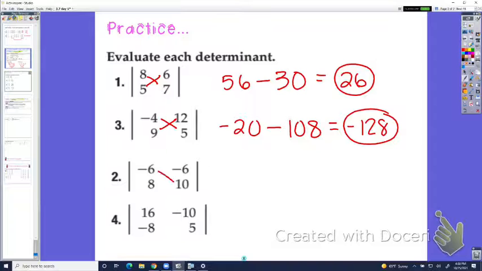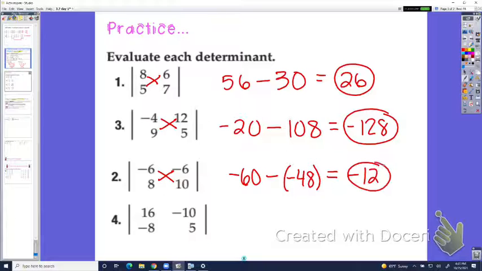One underneath, negative 6 times 10 is a negative 60, minus 8 times negative 6, which is a negative 48, which technically changes to negative 60 plus 48, and that is a negative 12. And finally, the last one here, 16 times 5 is 80, minus negative 8 times negative 10 is a positive 80, so you get 0 on that last one.